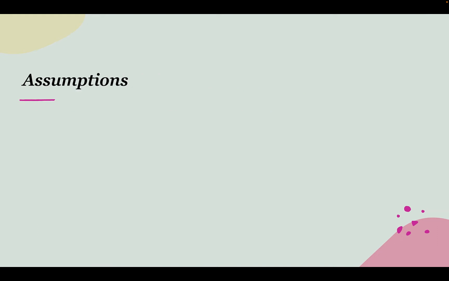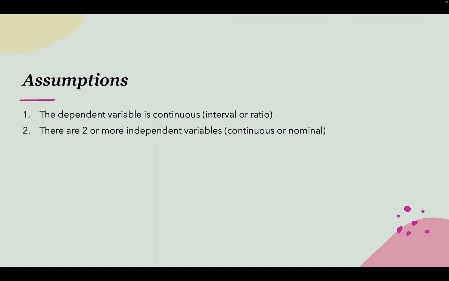All right, so to be able to run a multiple regression, what assumptions must be met? First, as already stated, the dependent variable must be continuous, so the dependent variable must be either interval or ratio data. And there must be 2 or more independent variables, and these independent variables can be continuous or nominal.